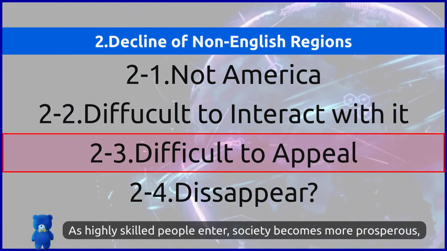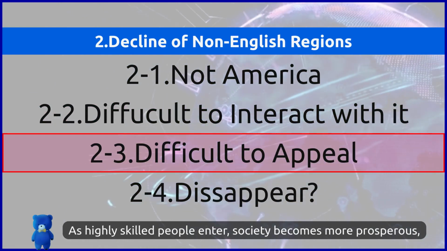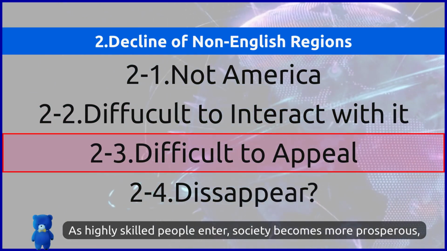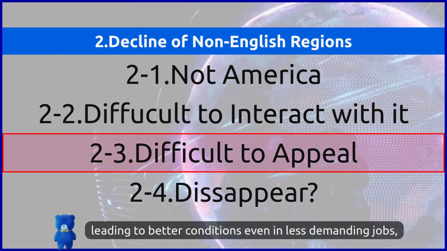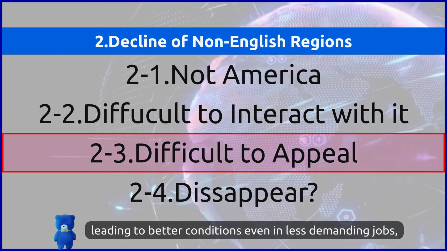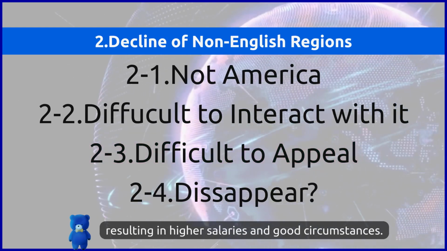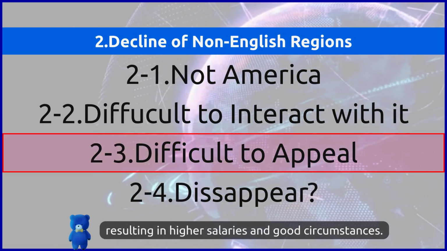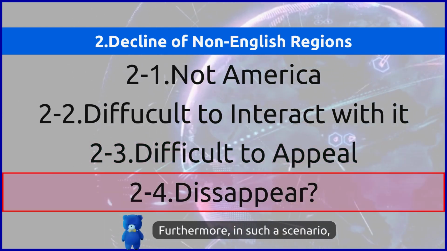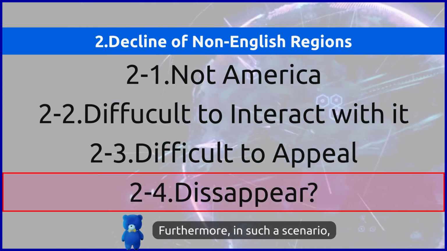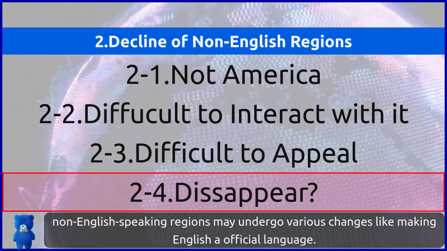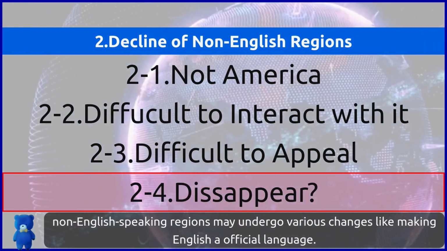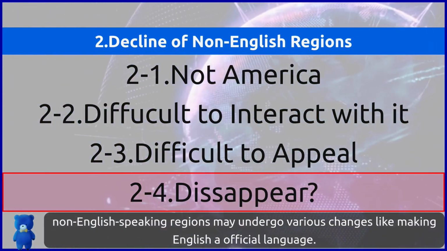As highly skilled people enter, society becomes more prosperous, leading to better conditions even in less demanding jobs, resulting in higher salaries and good circumstances. Furthermore, in such a scenario, non-English-speaking regions may undergo various changes like making English an official language.